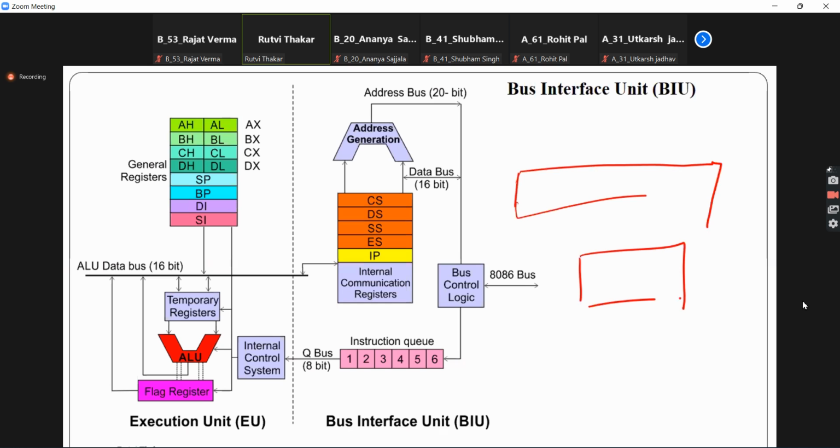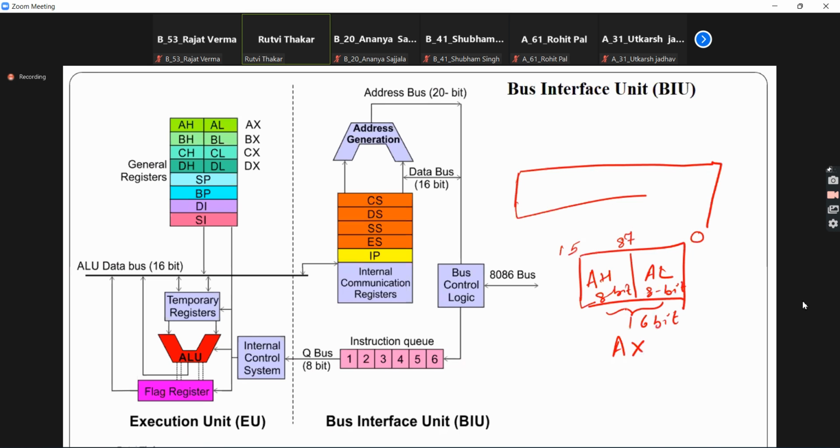I will have AH as the higher side and AL as the lower side. This lower side will start from 0. This will be 7. This will be the 8th bit and it will end at the 15th bit. So 0 to 15 will give me a total of 16 bits. The combination of these 8 bits and these 8 bits will be 16 bits, which will be called register AX.